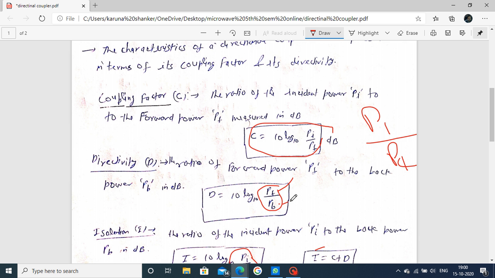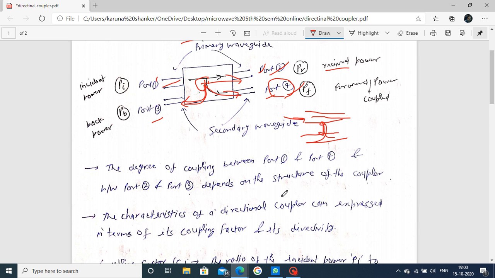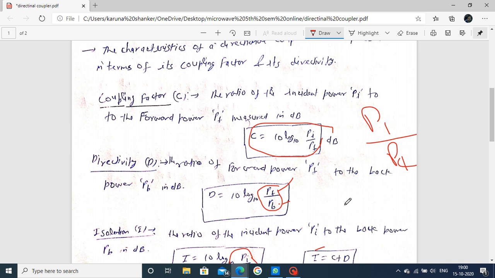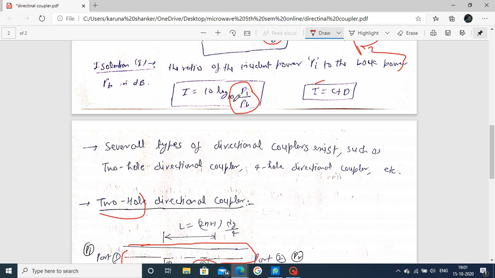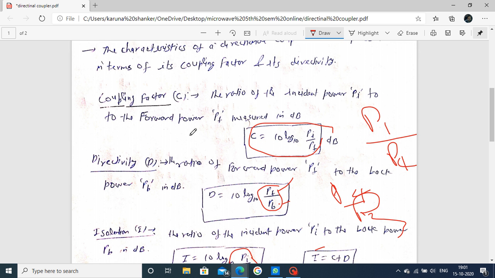Similarly, Pf by Pb, where Pf is port number 4 and Pb is port number 3, meaning the ratio of port number 4 upon port number 3, gives you the directivity. Similarly for isolation. So the three parameters of a directional coupler are the coupling factor, directivity, and isolation.